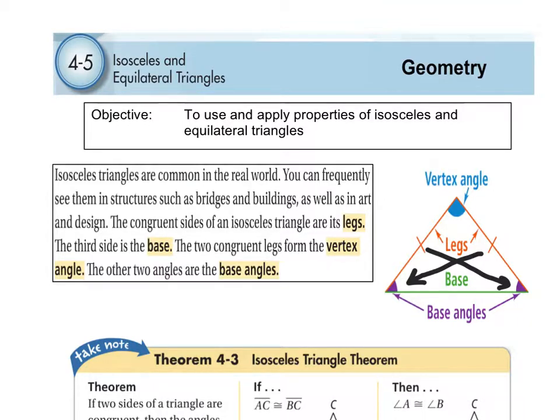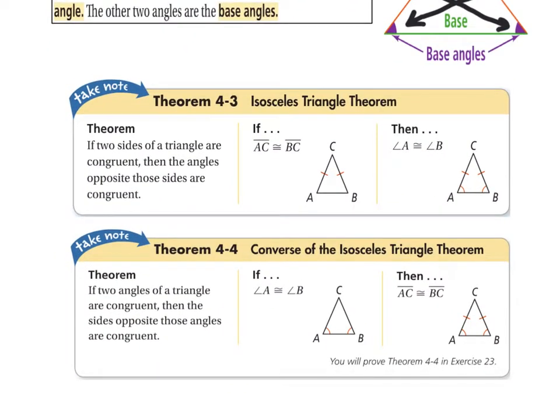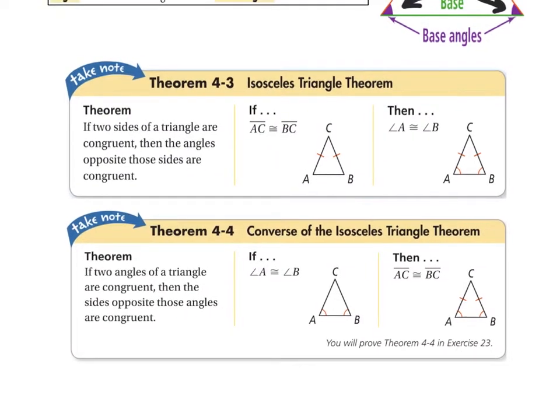With that being said, let's take a look at a couple of theorems. First of all, it's the isosceles triangle theorem, and we're going to eventually put this in our tool belt. It says, if two sides of a triangle are congruent, then the angles opposite those sides are congruent as well.